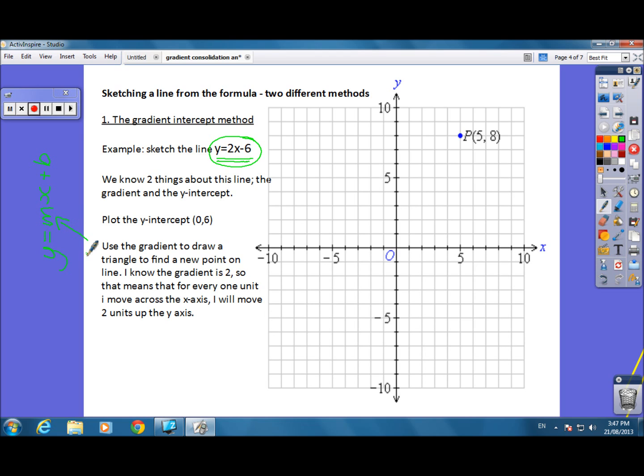And when they're written in that form, m is the gradient and b is the y-intercept. So in this line, y equals 2x minus 6, I already know two things about this line. I know that it goes through the y-axis at minus 6. So let's go and plot that there. This point here is the point 0, minus 6, and that is the y-intercept of this line. The other thing I know about this line is that it has a gradient of 2.